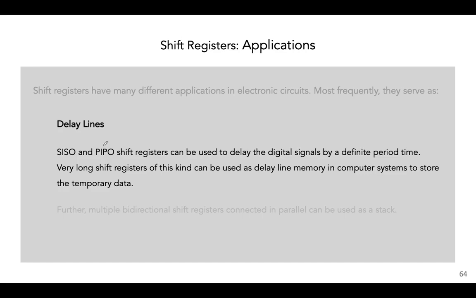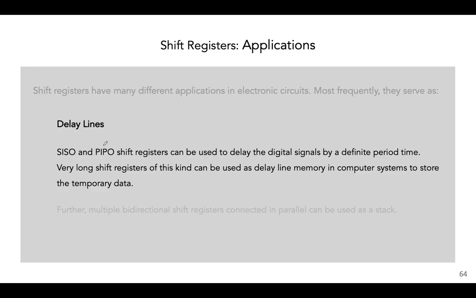That means as long as you don't apply a clock pulse, the data will not come out, right? So it will just stay within the register until a clock pulse is available. What that means is you can decide how long SISO and PIPO shift registers hold your data by controlling the delay of your clock pulse.